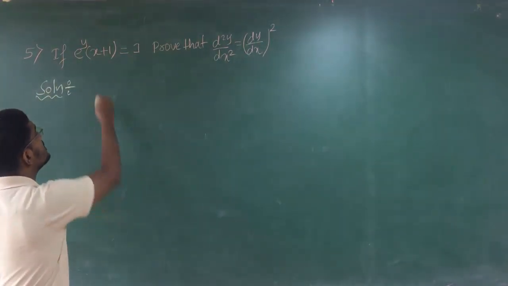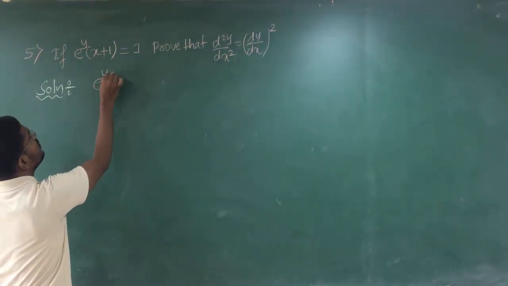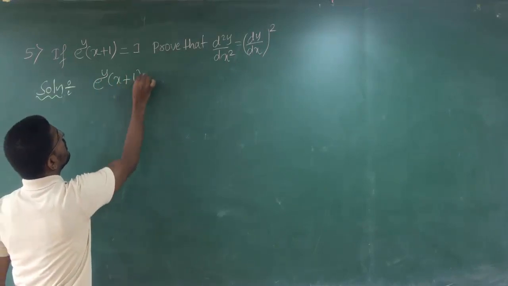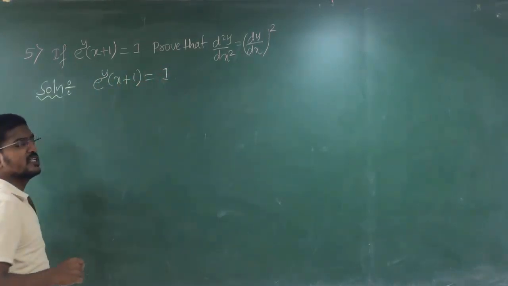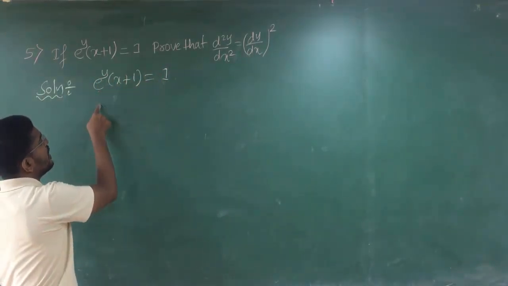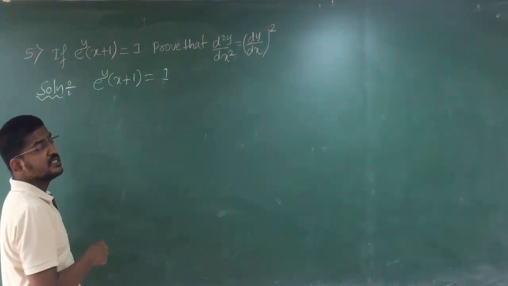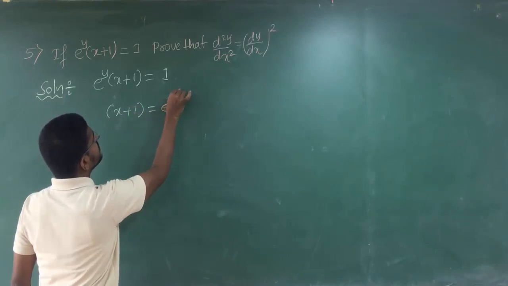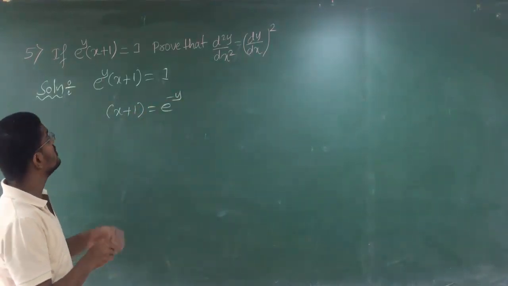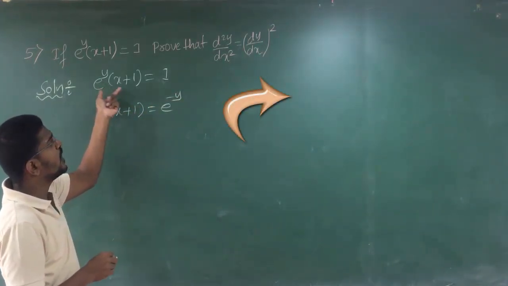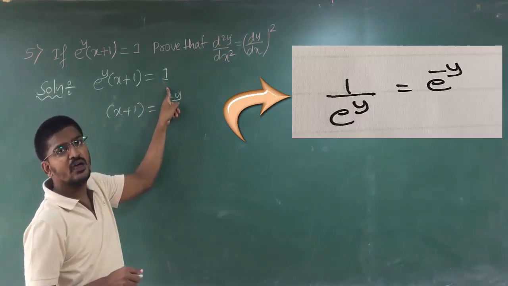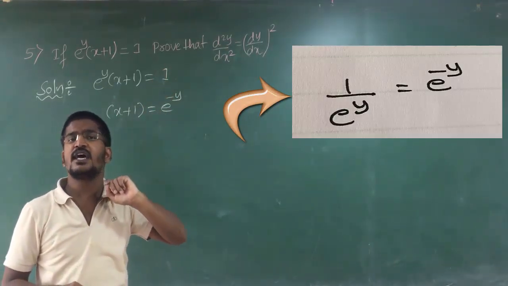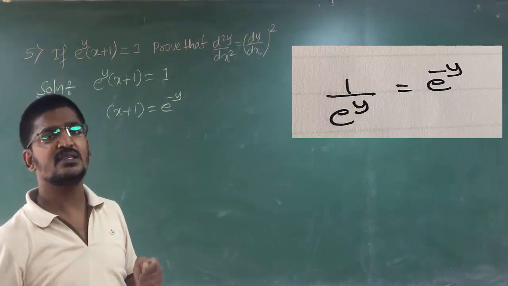Okay, so let us simplify this. Given e raised to y into x plus 1 equal to 1. Okay, students, e raised to y I will take to the RHS. It will be x plus 1 equal to e raised to minus y, because 1 by e raised to y can be written as e to the power of minus y.